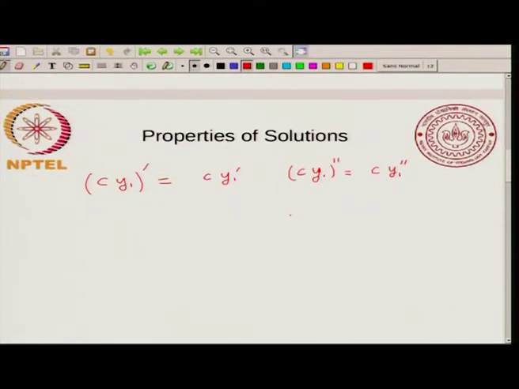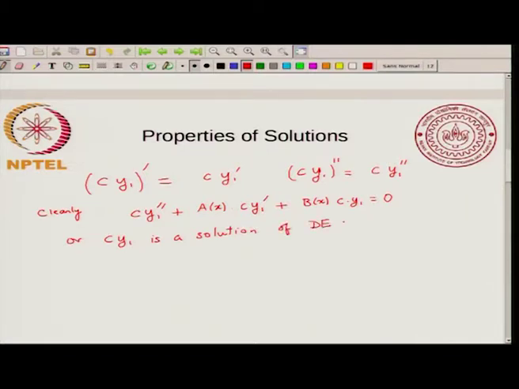So, if I make this substitution, then clearly c times y1 double prime plus a of x into c times y1 prime plus b of x into c times y1 equal to 0, or c y1 is a solution of the differential equation.